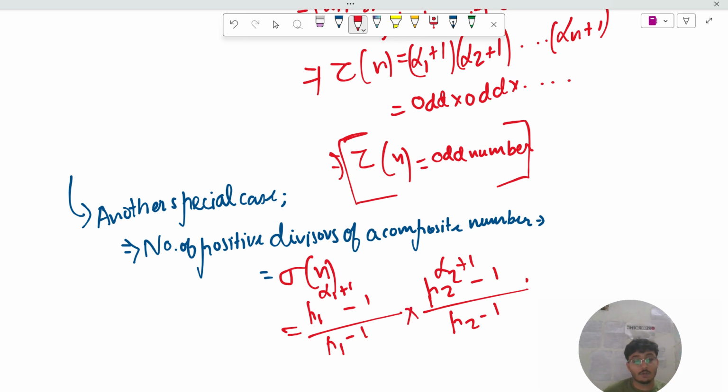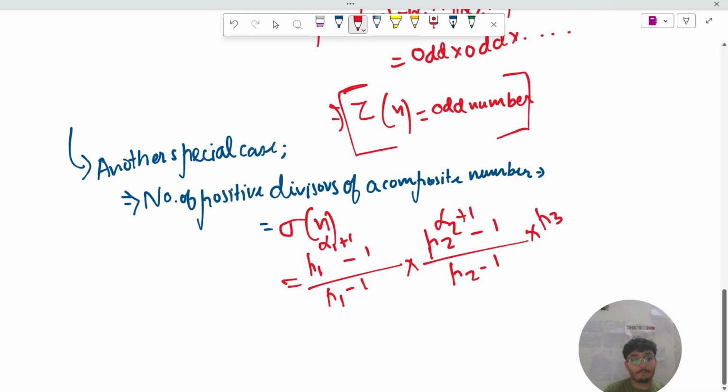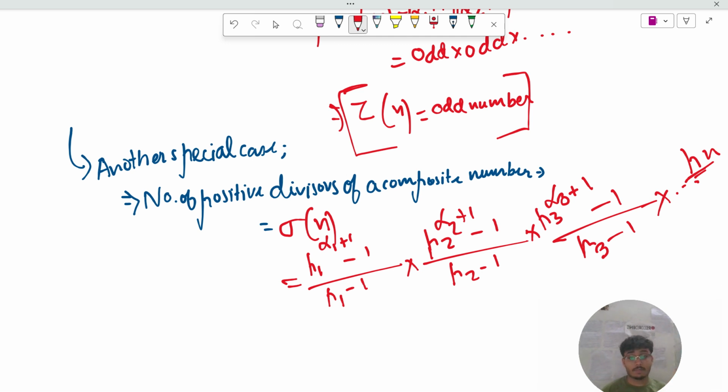This is into p3 to the power of alpha 3 plus 1 minus 1 by p3 minus 1, and this goes on and on all the way till pn. So this is my formula for finding out the sum of positive divisors.